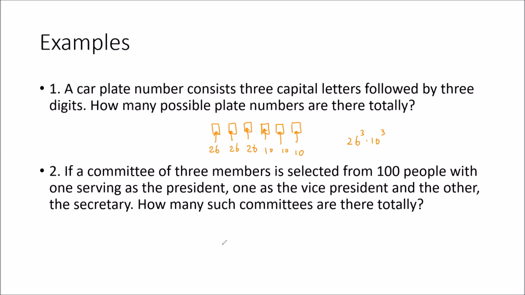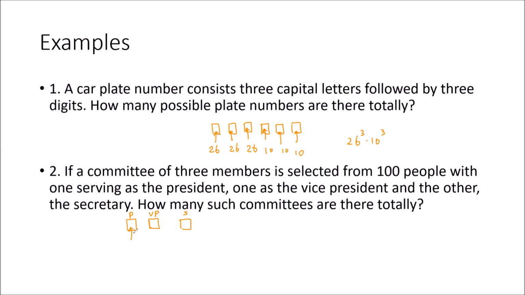A committee of 3 members is selected from 100 people, with one serving as president, one as the vice president, and the other the secretary. How many such committees are there totally? We're talking about possible committees, okay? So again, we're going to do the step-by-step method. First, we select the president, then the VP, and then the secretary.